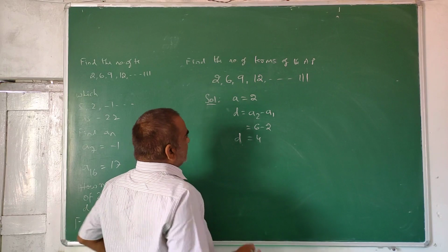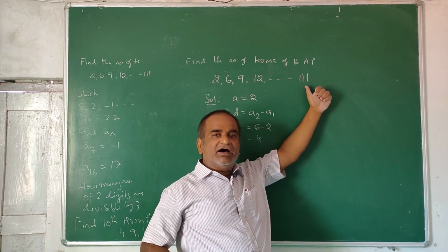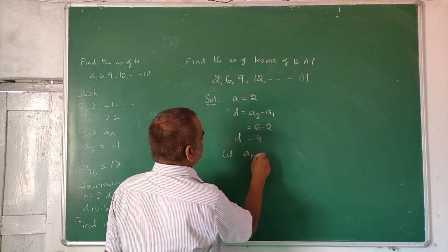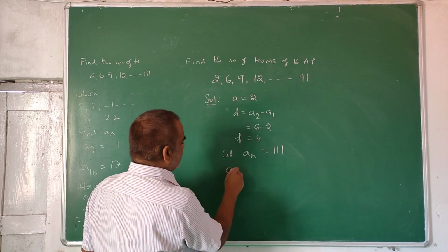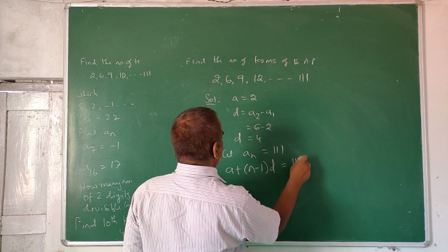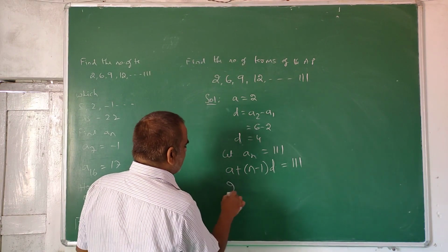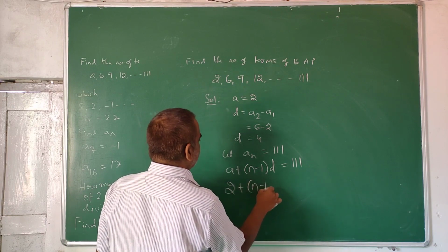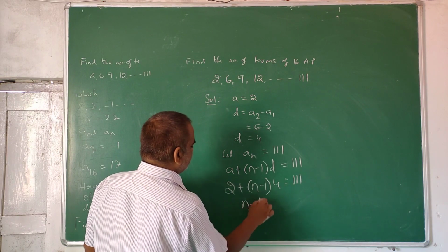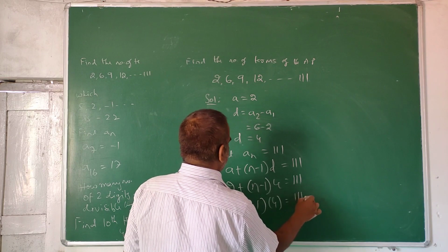Now in order to get the number of terms, you have to depend on the last term. So let AN be equal to 111. What is AN of an AP? A plus n minus 1 into D. Just now we have discussed. It is 111. What is the A value? 2 plus n minus 1 into, what is the D value? 4. This is 111. So n minus 1 into 4 is equal to 111 minus 2.